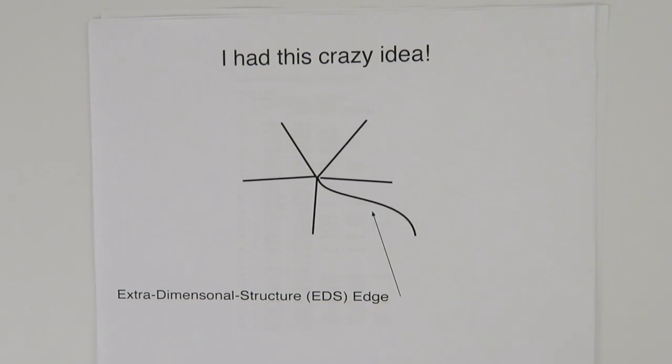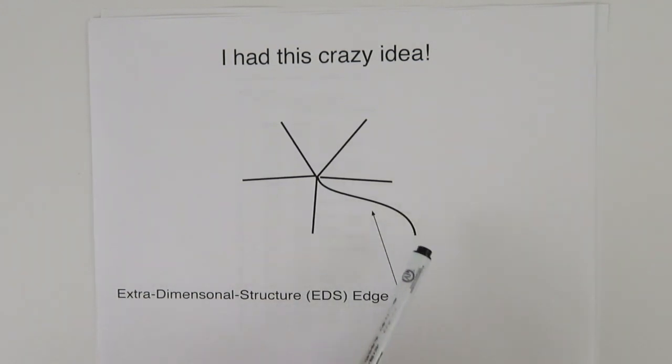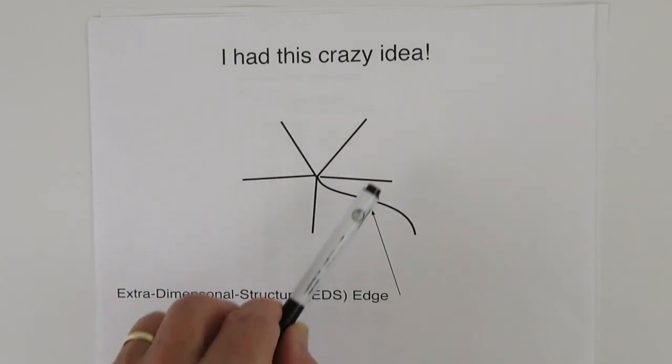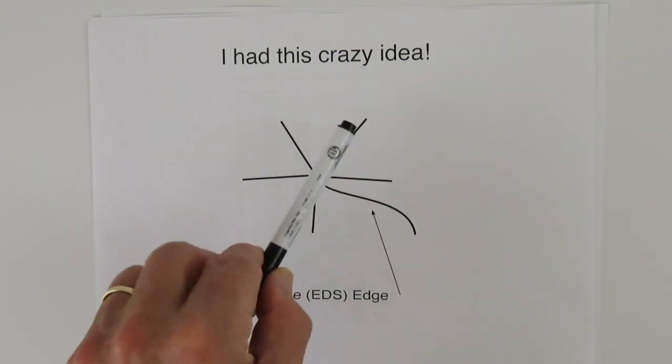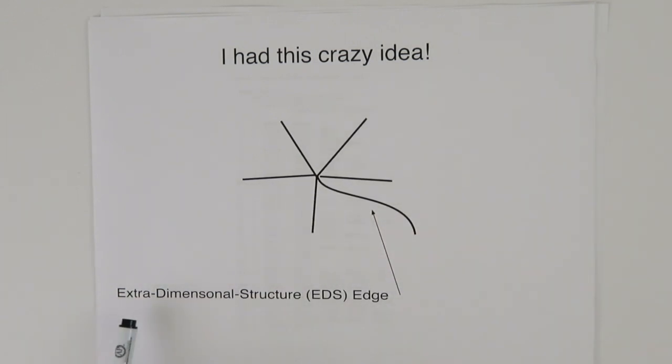I said to myself, well, supposing there's another edge here that we could add to the 5-edge node. These 5 edges are in the fabric and have the triangular neighborhood syntax. But supposing we add an extra edge, which I called an extra dimensional structural edge. And so this has interesting implications.